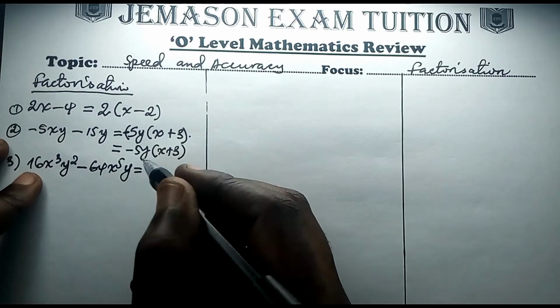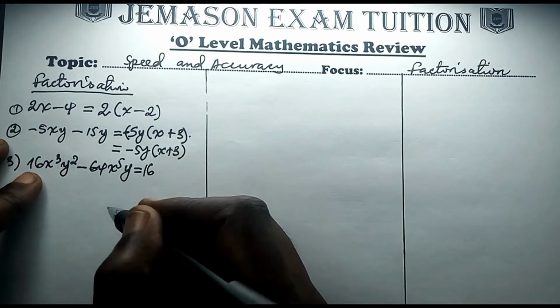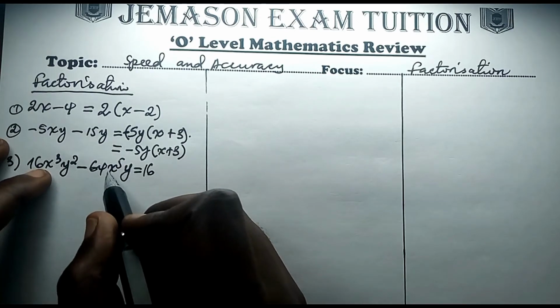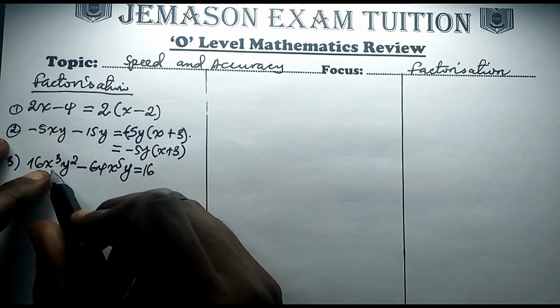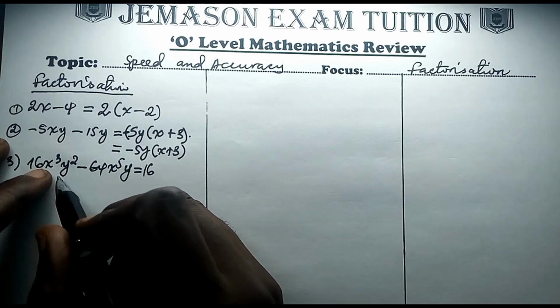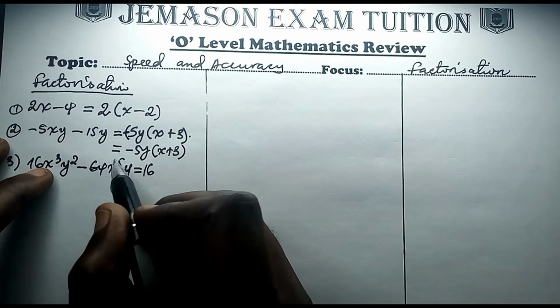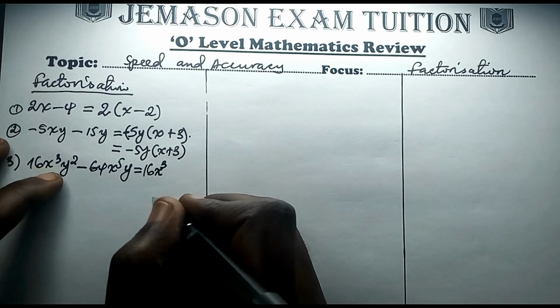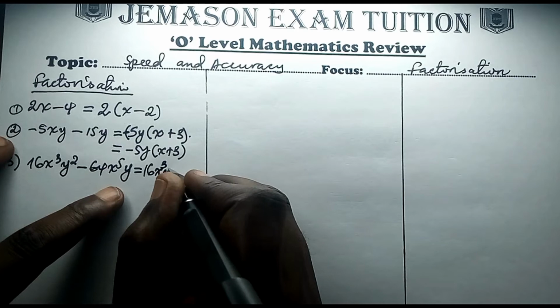For the coefficients, 16 is common, and for the variables, we take the lower degree as the common factor. So there is x cubed and x to the 5th. The lower degree is x cubed. There is y squared and y, the lower degree is 1.